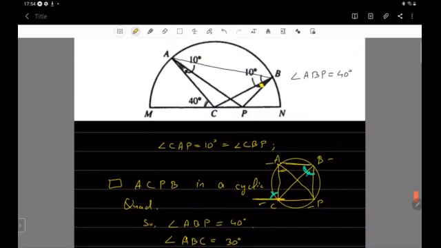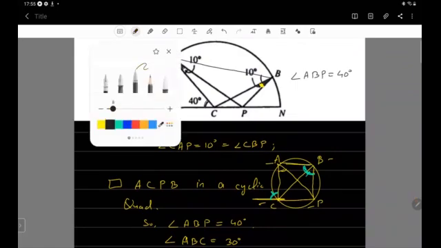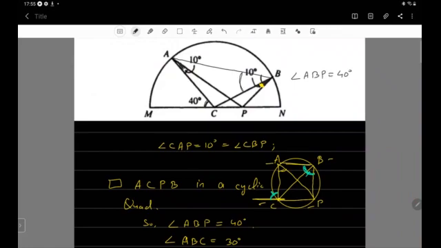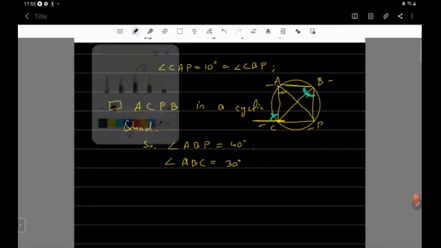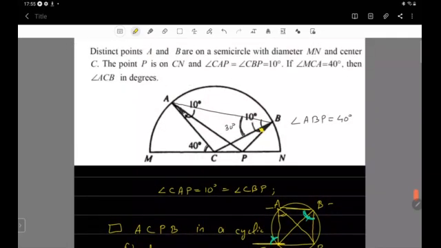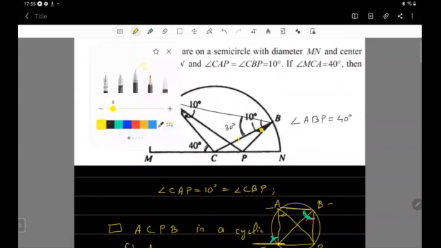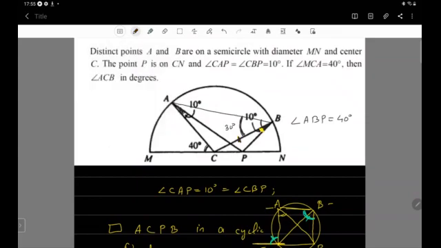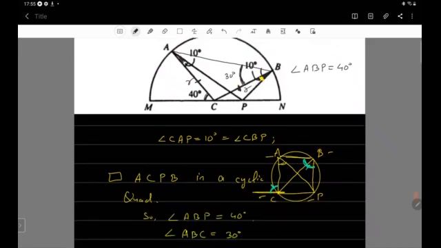And once you have found angle ABC, look, you have angle ABC here. This angle is 30 degrees now. So look at triangle ABC. In triangle ABC, what do you see? This side, side CB must be equal to CA. Why? Because this is the radius of the circle. That means triangle ABC must be isosceles.